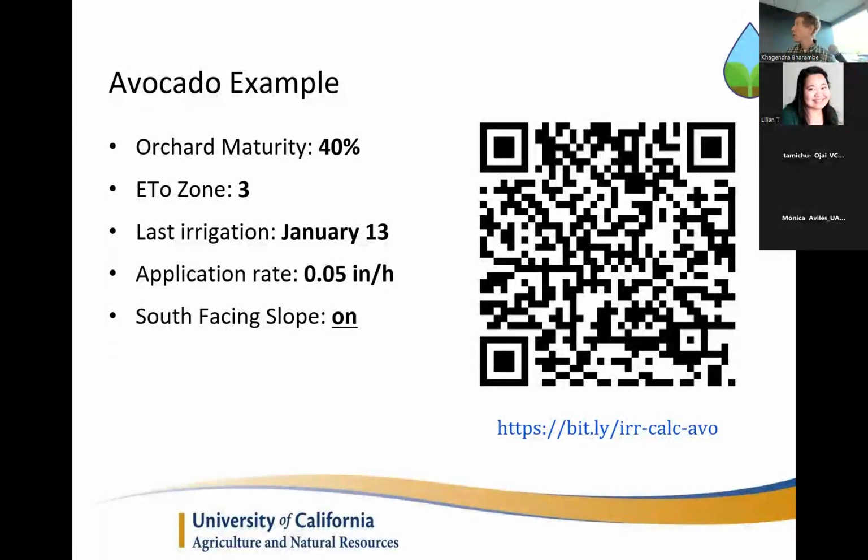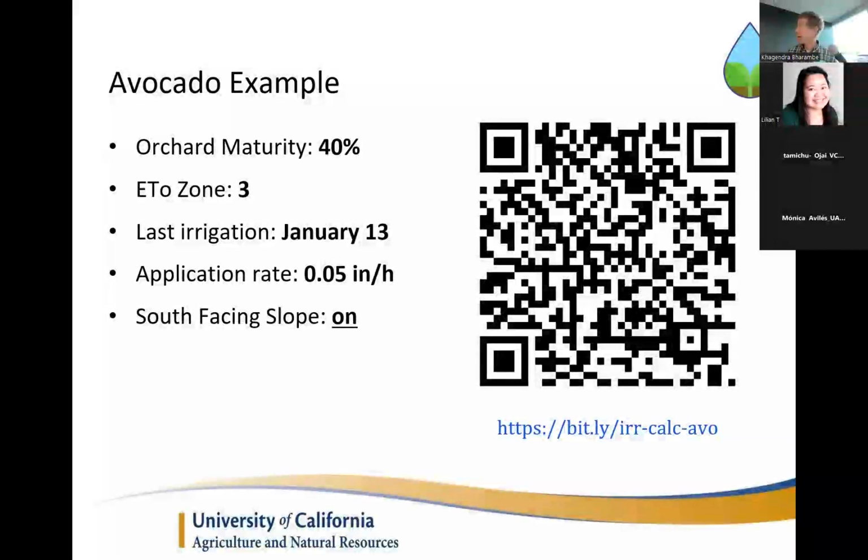So for the orchard maturity, select 40%, which I think is, I forget the label of it, but 40% for your orchard maturity. In the drop-down box for your location, select zone 3. You can click on the little map button if you want to see where that is. For the last irrigation, select January 13th. That's a week ago.